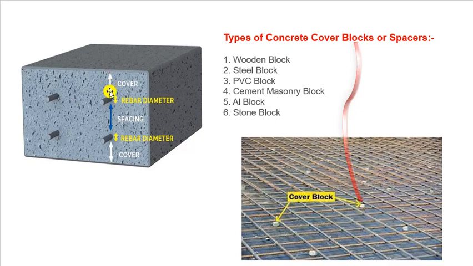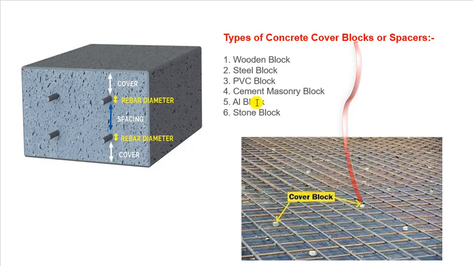To maintain this concrete cover, we usually use different kinds of blocks or spacers. To maintain this cover between the surface and the reinforcement, we use blocks of various materials, usually called spacers or blocks. They can be wooden blocks, steel blocks, PVC blocks, cement masonry blocks, aluminum blocks, or stone blocks.